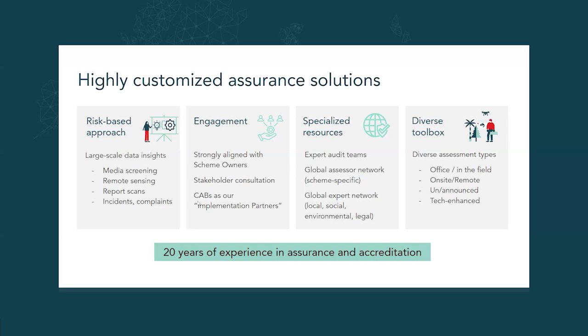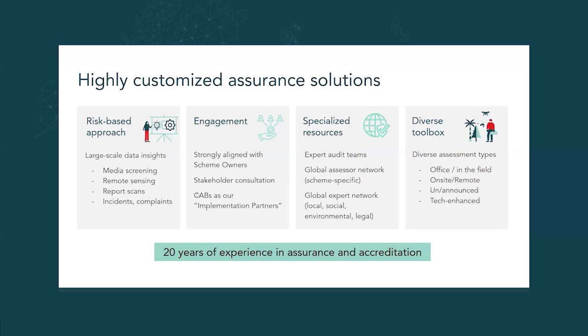And I'd also like to mention the certifiers, the CABs, that they are our implementation partners. They are not our client, but they are key nodes in the overall system, and they are critical to implement the intent of the standard. If the CAB is competent and impartial, then they will contribute to a large extent to the success of the scheme owner.